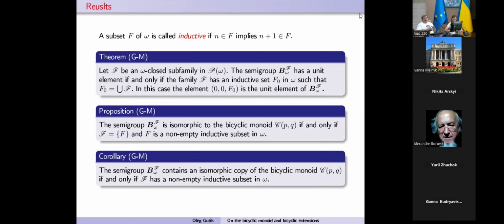So, first question: if we consider the family F which consists of inductive subsets, what are the properties of B omega F? What are the endomorphisms of such a semigroup?